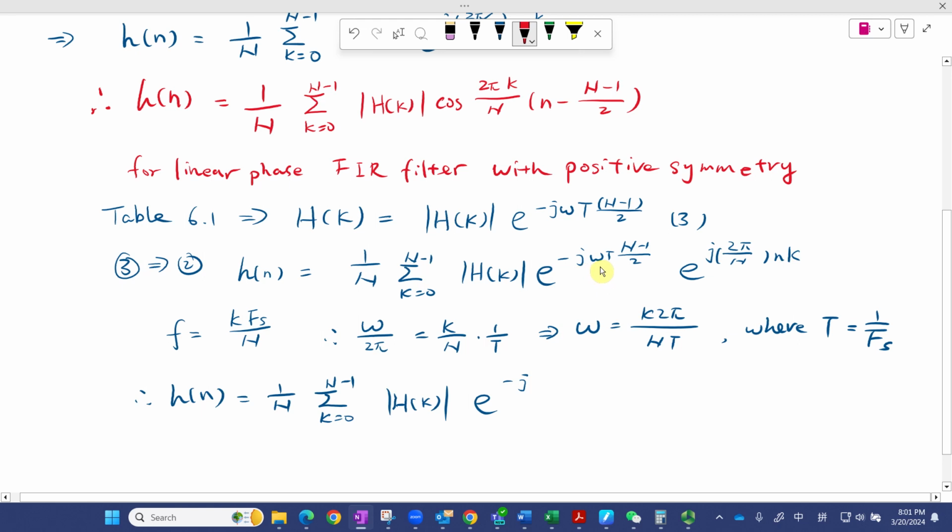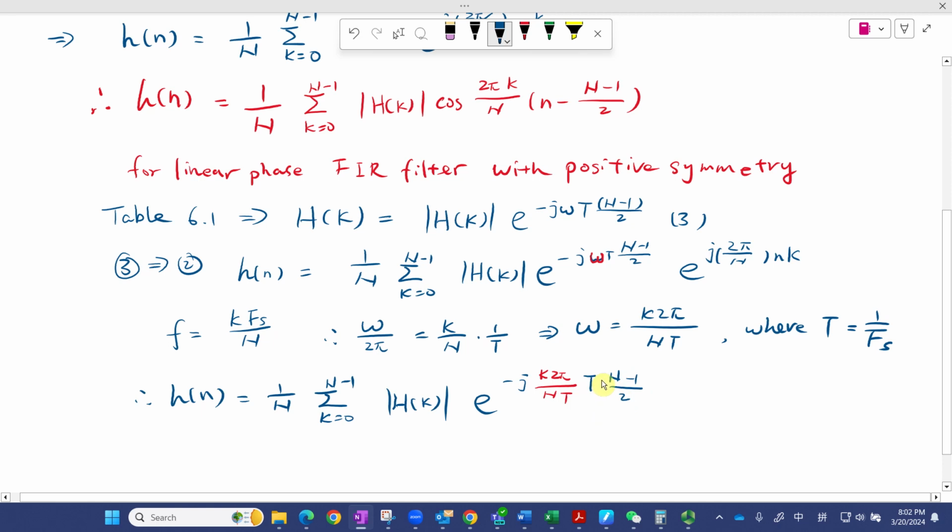We're going to change that omega with the one we just derived, k 2 pi over capital N T. Then we have the rest: the T, and the N minus 1 over 2.